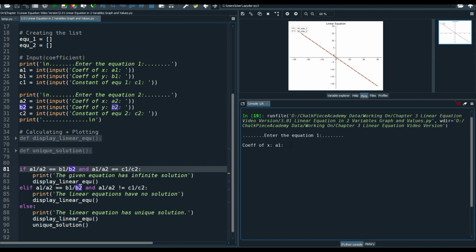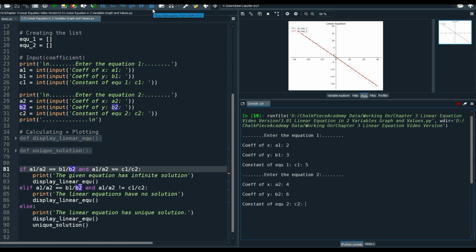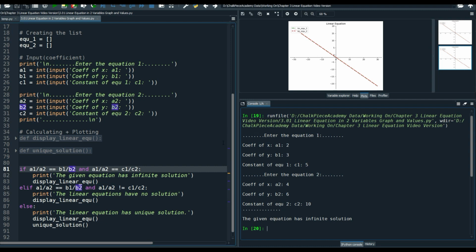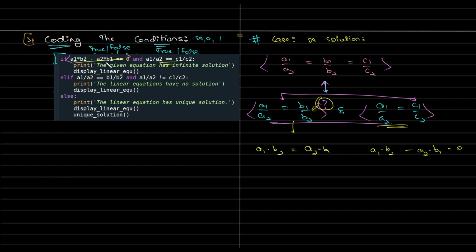Now let us check if we have done it right. We'll give an input which gives infinite solution. So let me double those values: 4, 6 and 10. So yes, we have infinite solution and this is the graph. All this is well and good, it executes, and we have infinite solution.